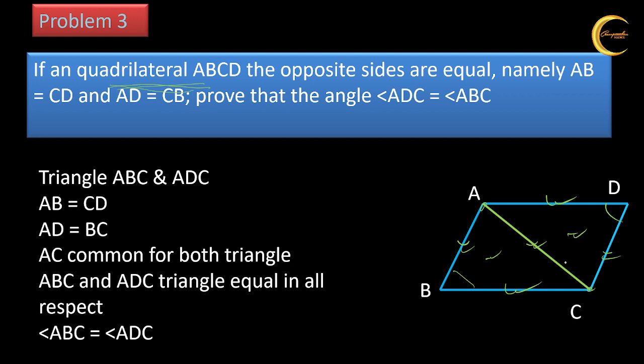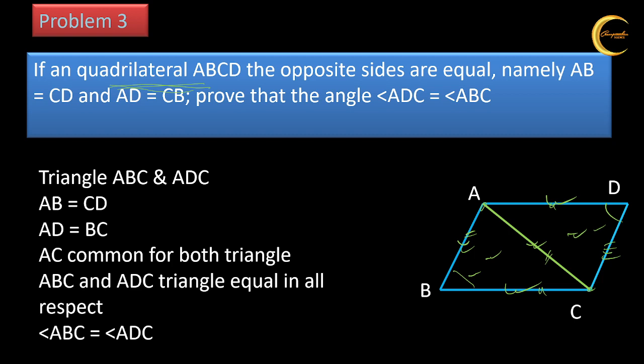So if we prove these two triangles are equal in all respects, then we can easily prove that these two angles are equal. We know AB equals DC and BC equals AD, and AC is common to both triangles.